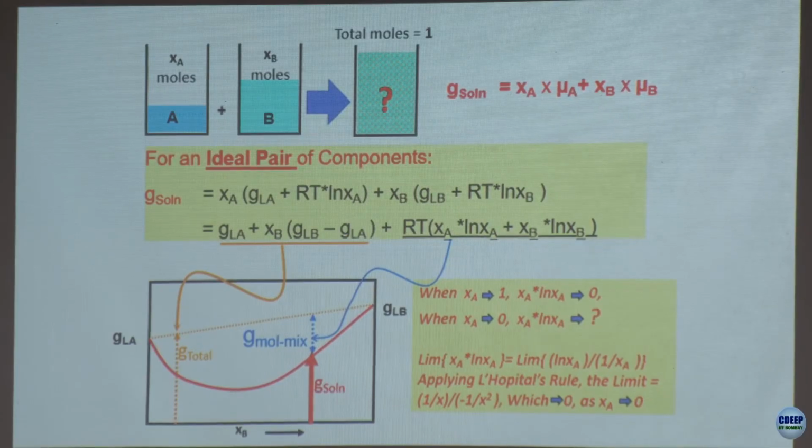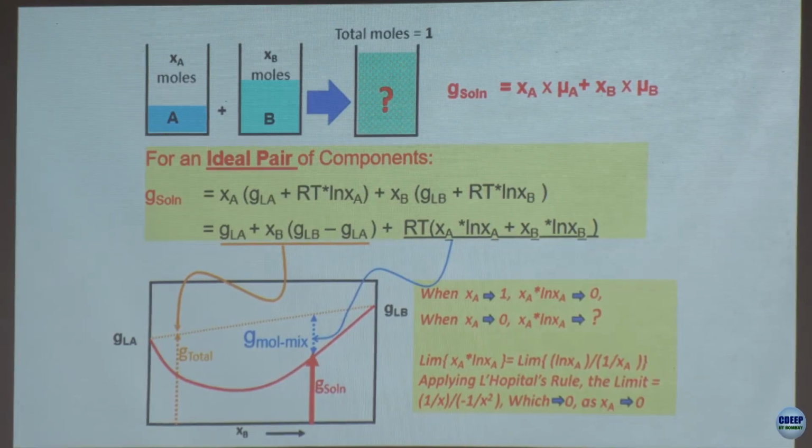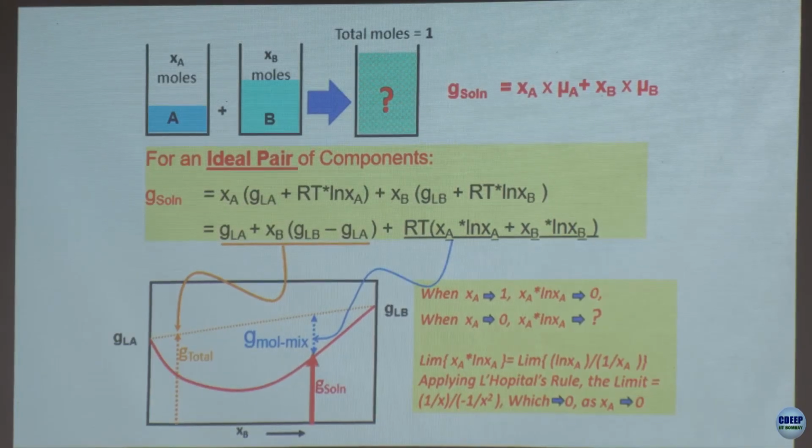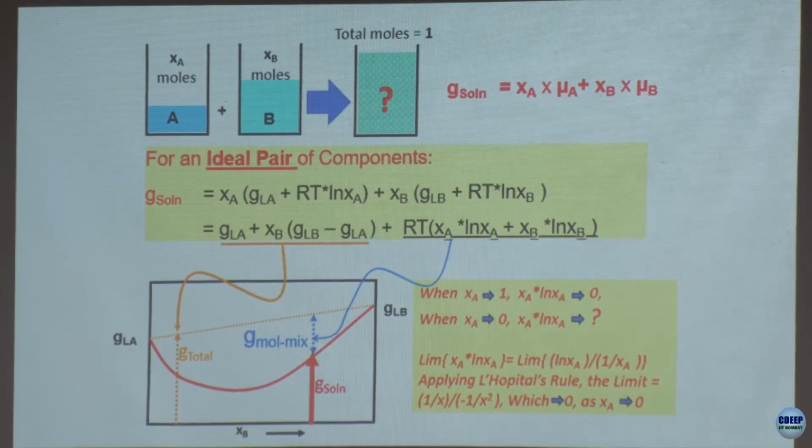So this is for an ideal solution, where when you mix two components, their affinity towards each other and towards the other component is identical. When they mix together, there is no volume change with respect to the volume at the unmixed state. It's an ideal solution. You get this kind of curve.